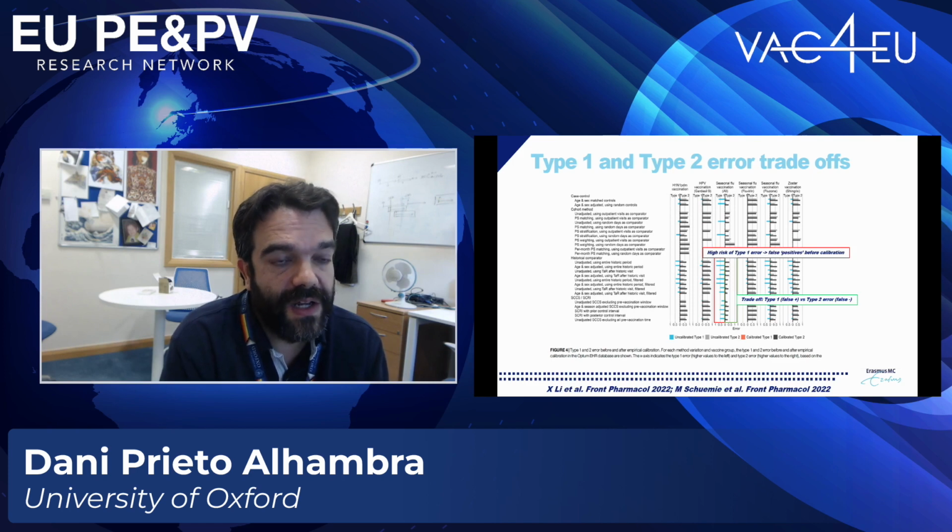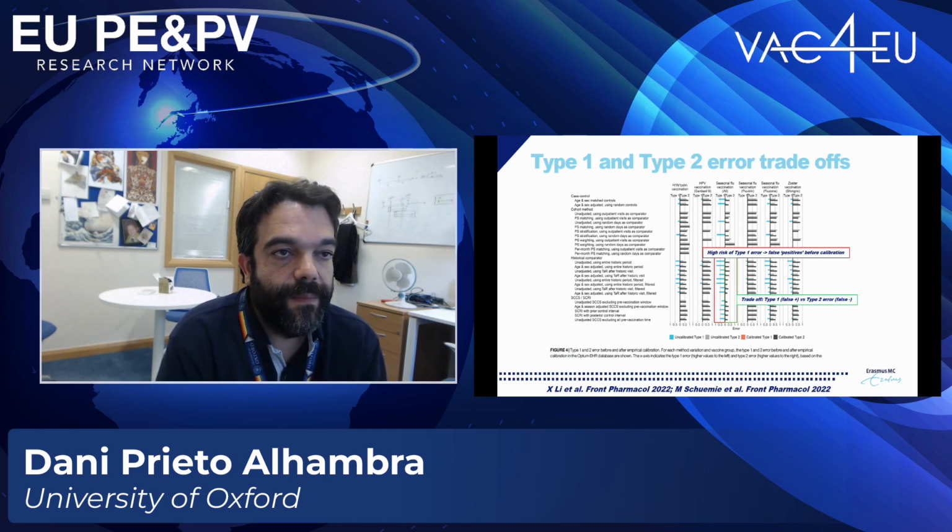However, when you calibrate, you take that basically to the null, but you increase your type 2 error. Not as much as type 1 error was, so you are correct in that, but there's still a risk that by decreasing dramatically your type 1 error, you're incurring some type 2 error, and that's something that we should bear in mind.